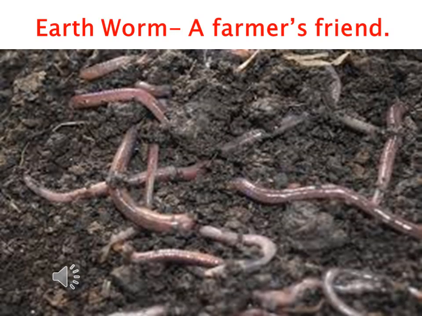Earthworms are also called friend of the farmer. As they move through the soil, they loosen and aerate the soil. Means when the soil loosens, the air mixes with the soil, and this way the roots of the plants get air, they can breathe.